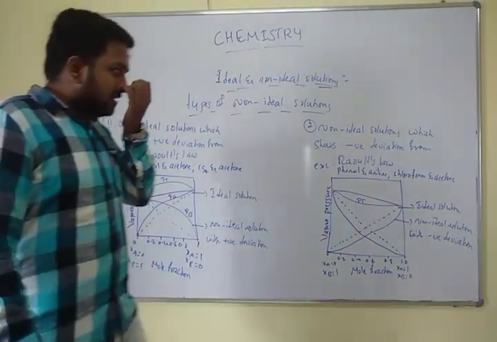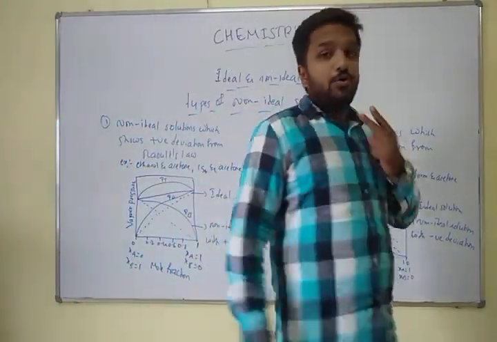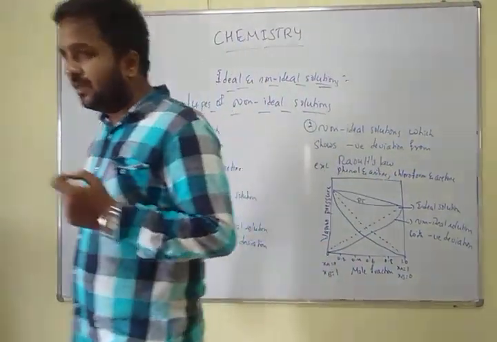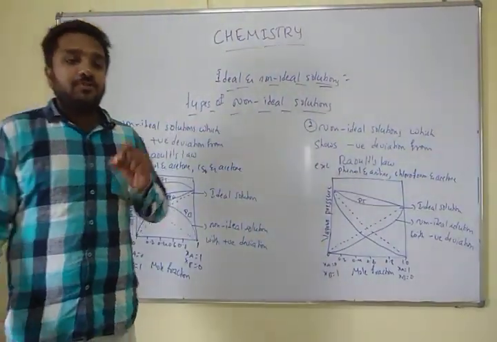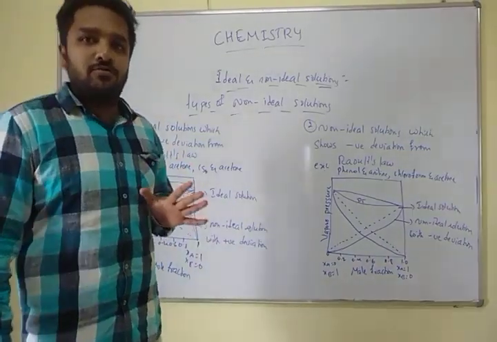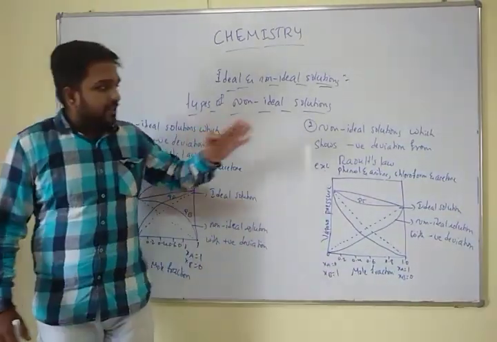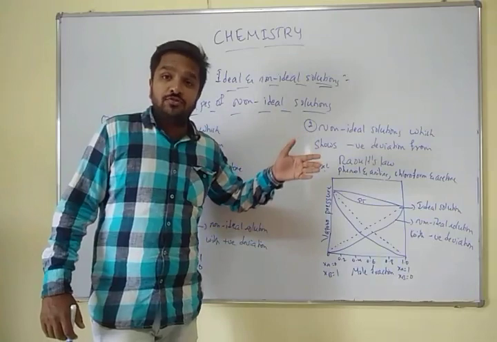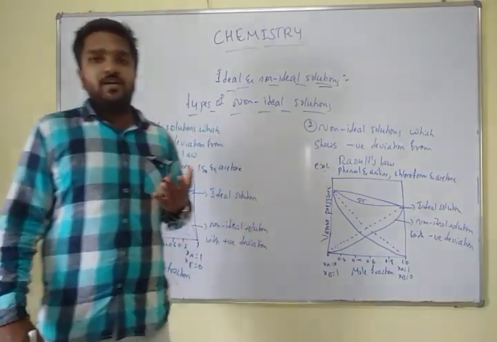One is non-ideal solution which shows positive deviation from Raoult's law, and the second one is non-ideal solution which shows the negative deviation from Raoult's law.